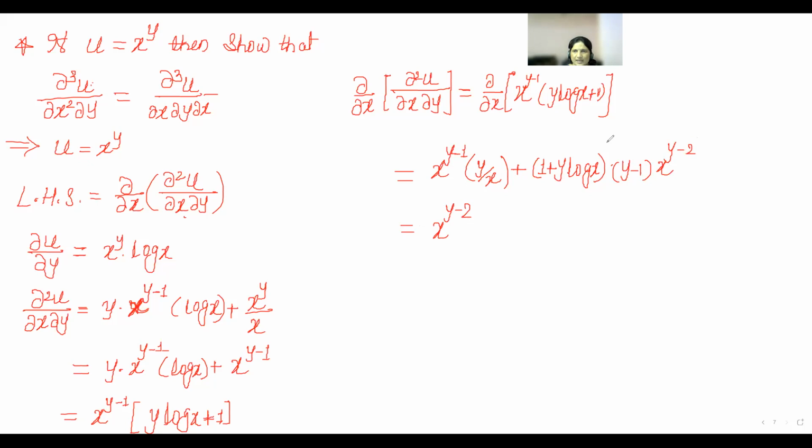Taking the common term x raised to y minus 2, in the bracket we get y plus 1 plus y log x into y minus 1. Okay. Taking x raised to y minus 2 as common, we get dou cube u by dou x square dou y.